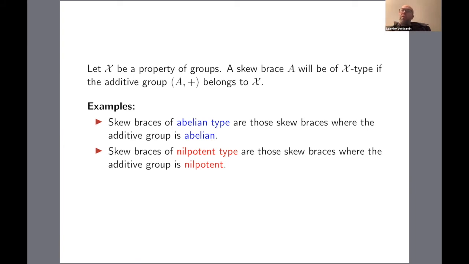And skew braces of nilpotent type are those where the additive group is nilpotent. This is a natural generalization of these braces of abelian type, which are the braces studied by Rump in connection with involutive solutions to the Yang-Baxter equation.